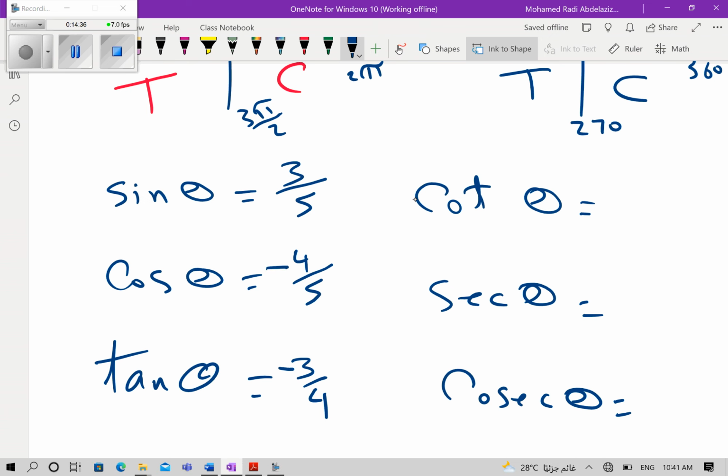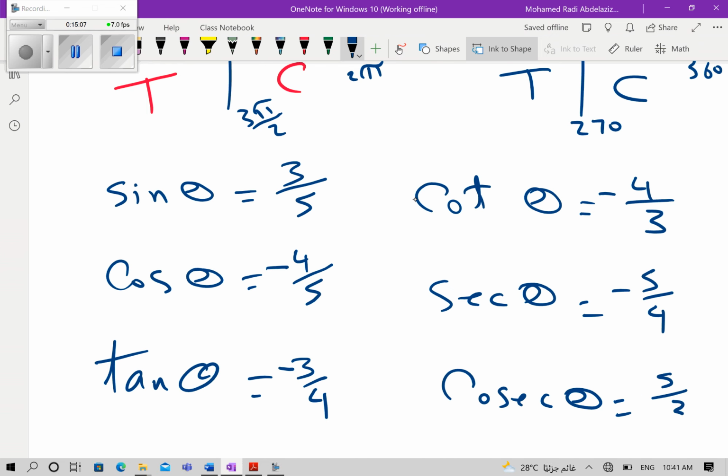How to get cotan, sec, cosec? No need to memorize it again. Find the reciprocal of the basic trigonometric function. Cotan, reciprocal of tan, will be 4 over 3, and keep the sign negative. Sec, reciprocal of cosine, 5 over 4, negative. Cosec, reciprocal of sine, 3 over 5, will be 5 over 3.